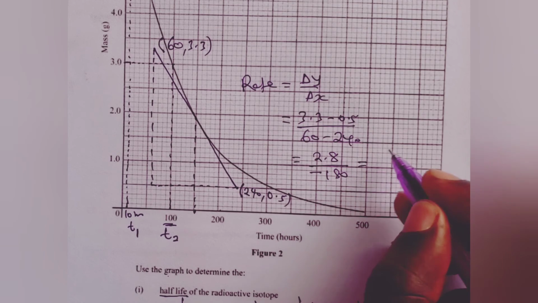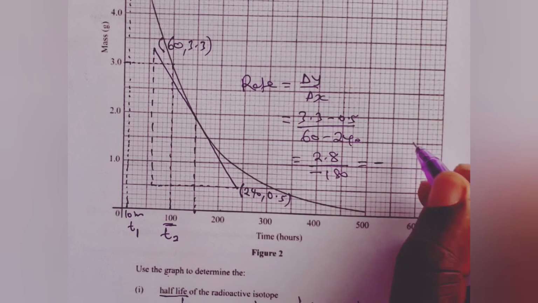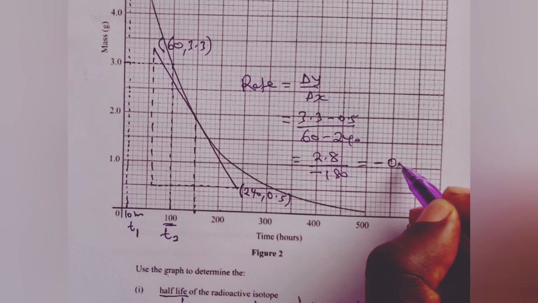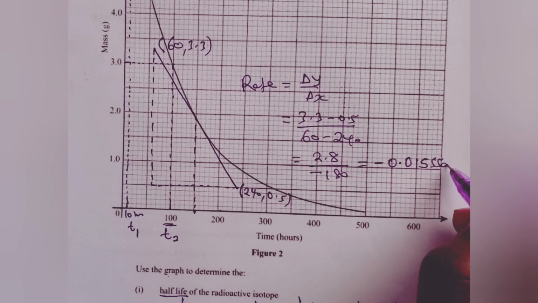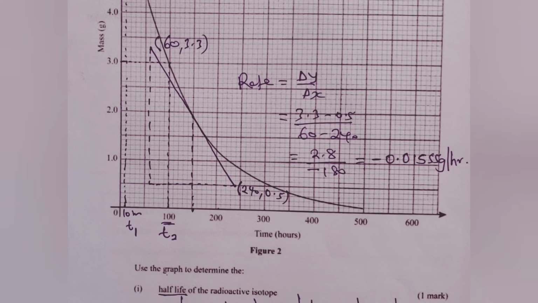If I do this math, I get a rate of change of negative 0.01555. Of course, these are grams per hour as my rate.